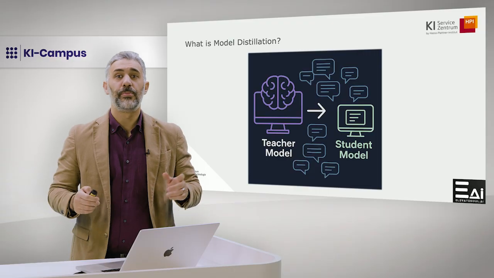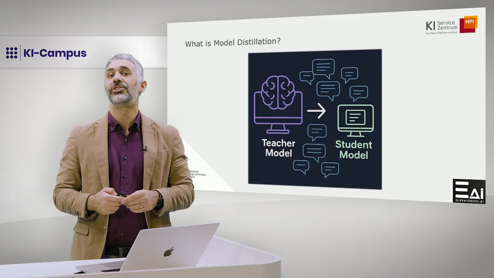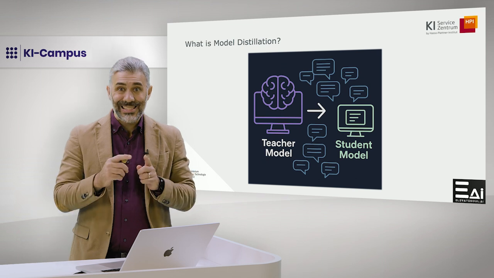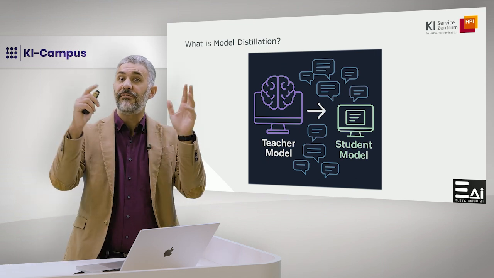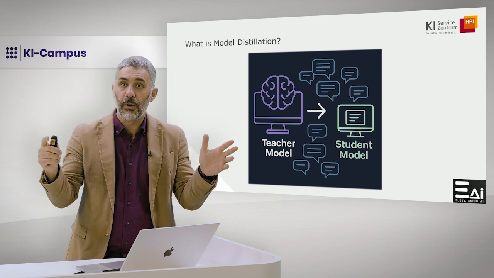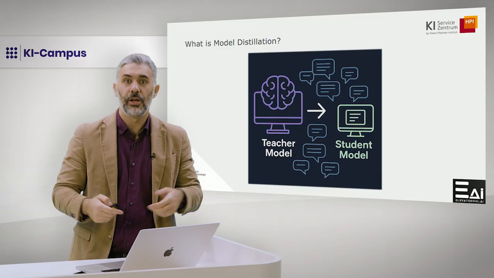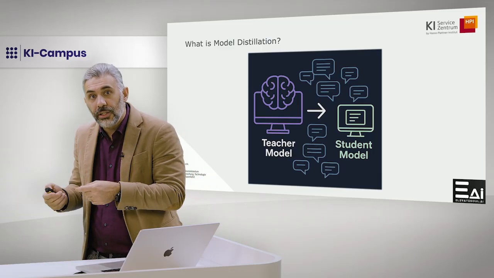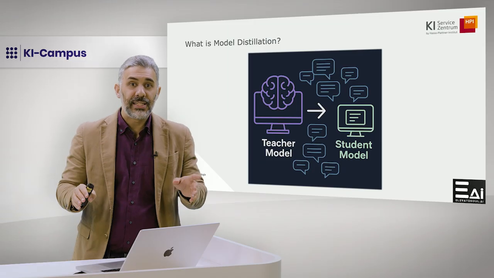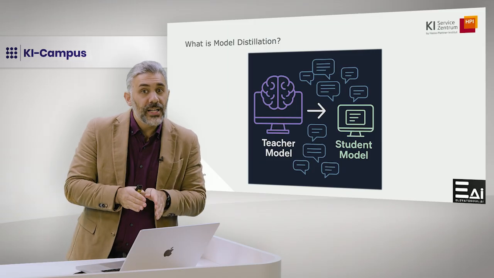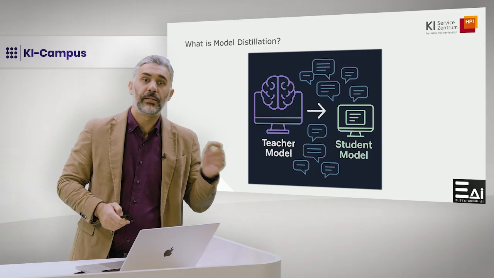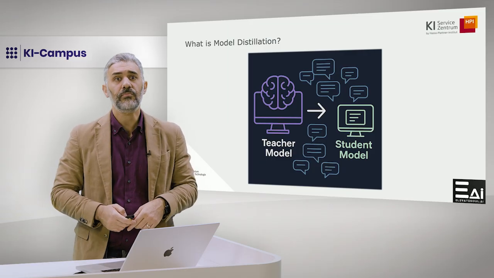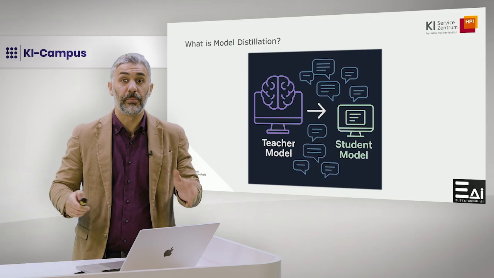Distillation is another important technique for adapting large language models, but it works very differently from fine-tuning. Distillation transfers the behavior of a large, powerful model, which we call the teacher, into a smaller, more efficient model called the student in this context. In practice, the student is fine-tuned on examples generated by the teacher model rather than human-written data. The idea is simple but powerful.